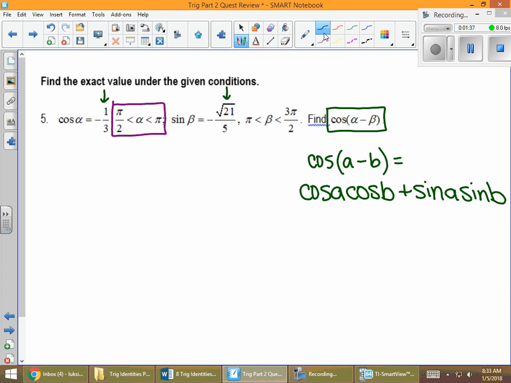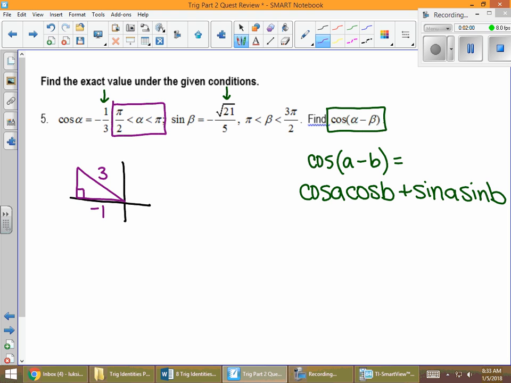So let's draw it. If you have cosine, you're given adjacent over hypotenuse. Remember, we're always going to let our hypotenuse be positive. And then you can do Pythagorean theorem here.